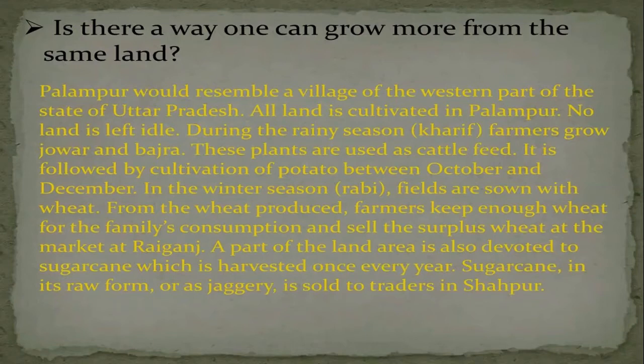Then when they saw that this is more effective, farmers started to install them on their own. They started setting up private tube wells for themselves. So by the mid 1970s, the entire cultivated area, that is the complete 200 hectares of land, was irrigated. And because of this electricity that came early, the farmers in Palampur can grow 3 crops in 1 year.